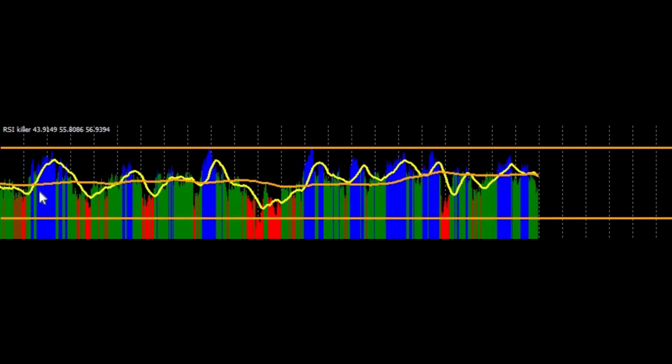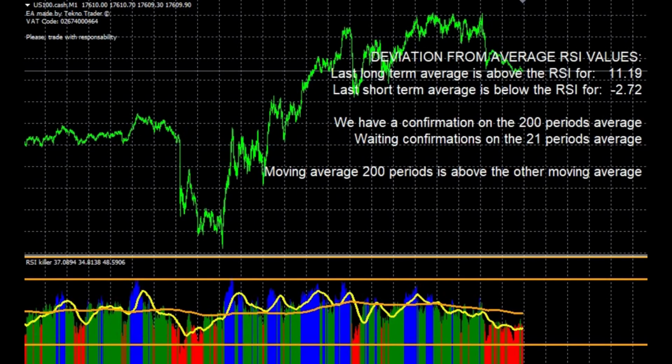Okay, let's talk about the other part now. So about the graphical part, that is on the chart price. We can see that it's a more accurate data set based on what is happening right now.